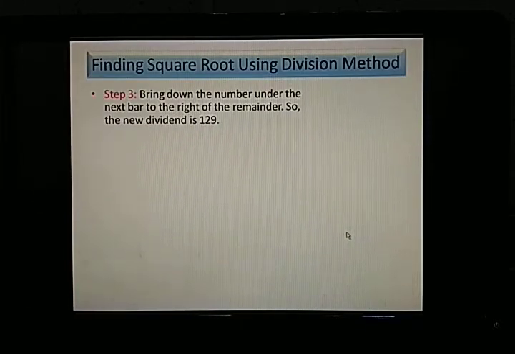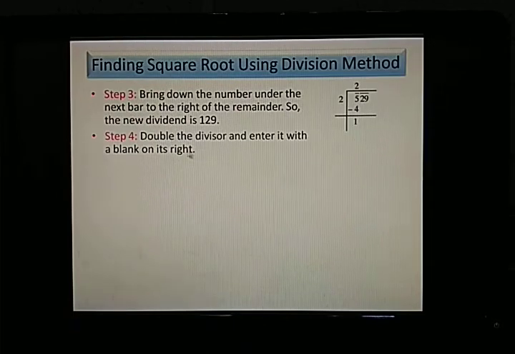Our next step is to bring down the number under the next bar to the right of the remainder, so the new dividend is 129. So this much we have done. Now we bring down this 2 and 9 below. After that, we double the divisor and enter it with a blank on its right.